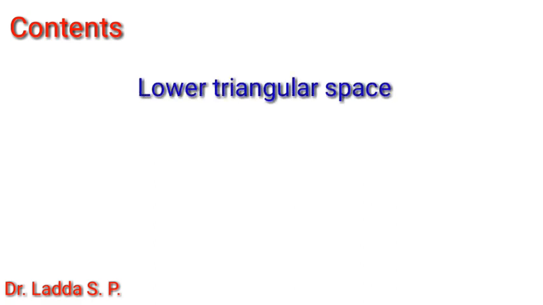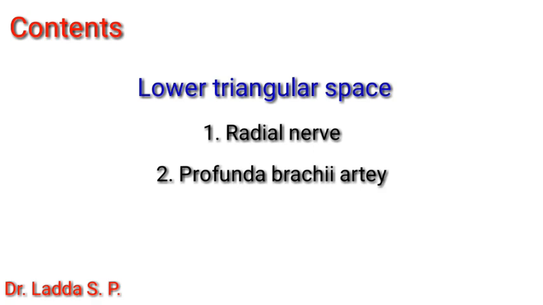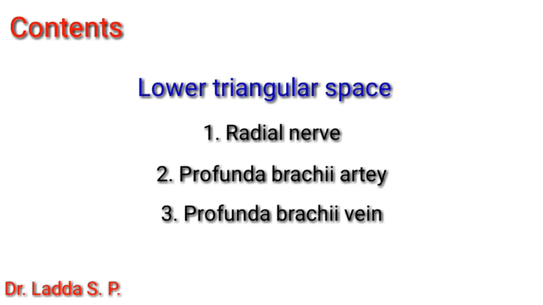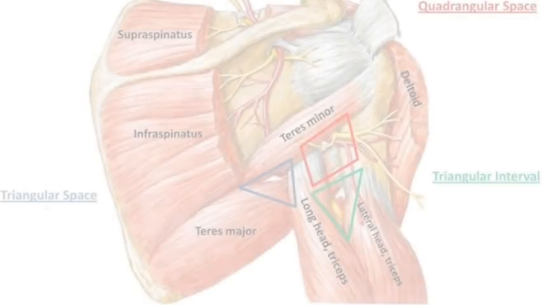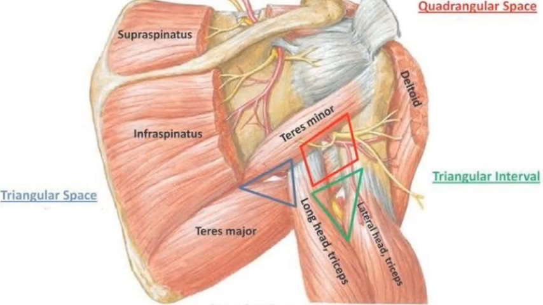And the lower triangular space contains one nerve, the radial nerve, one artery, the profunda brachii artery, and one vein, naturally the profunda brachii vein. This is all about the intramuscular spaces in the scapular region.